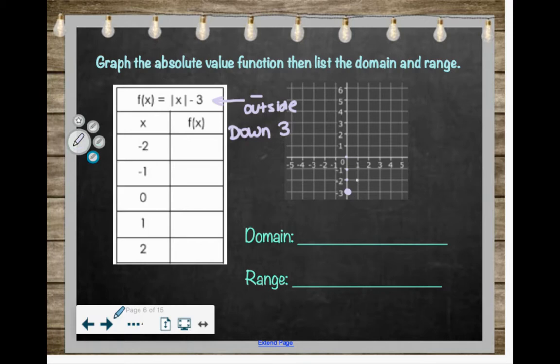Nothing else has changed, so it's going up 1, right 1. Do that a couple times. And then from the middle again, up 1, left 1. And this middle point right here is called the vertex. That is the first point you want to move, the point in the middle, and then everything else kind of follows after that. It's the center point.